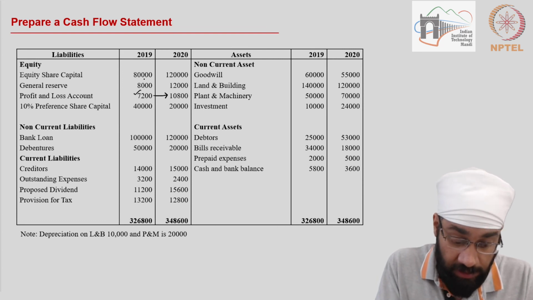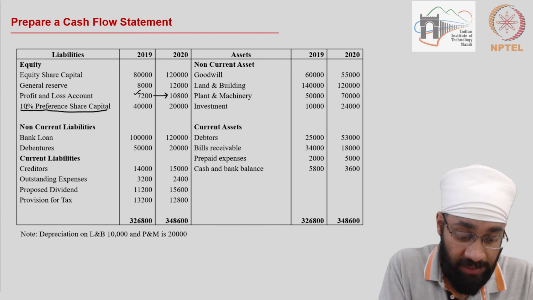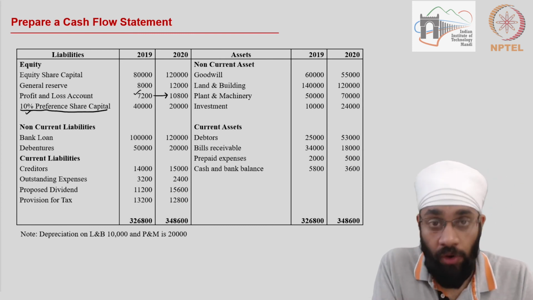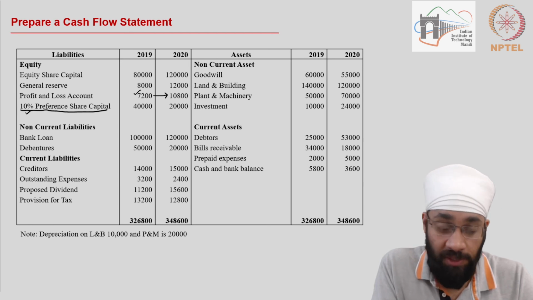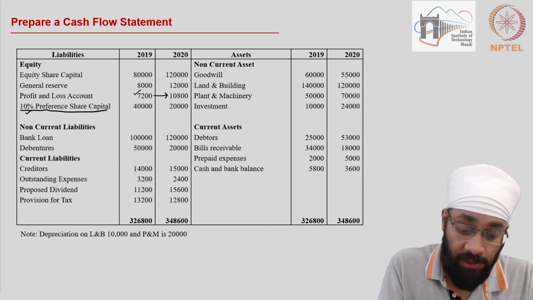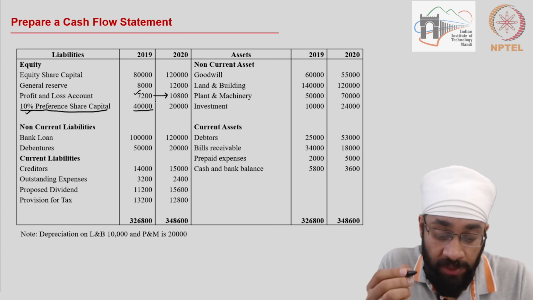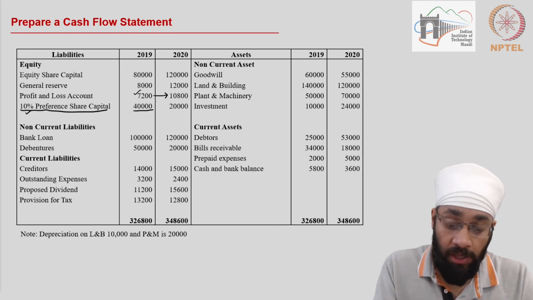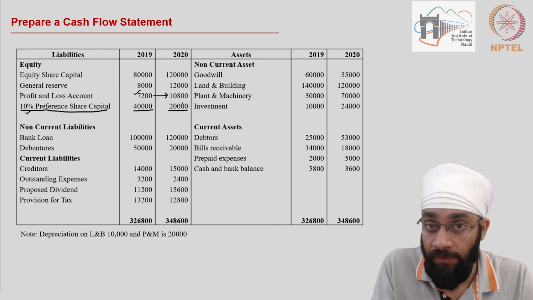Is there any dividend? Well, the preference shares say that there is 10% dividend on the preference shares. We do not have the income statement, but we know the preference dividend is fixed and it has to be paid. So 10% would have been paid on the opening balance, the balance at the beginning of the year, and this 20,000 is the balance at the end of the year.